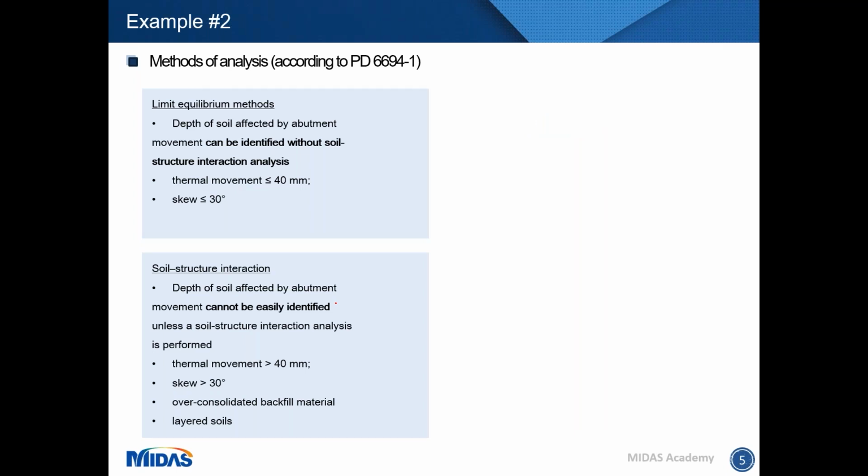The first one is the limit equilibrium method, and that can be applicable when we can identify, without doing any solid structure interaction, which is going to be the movement affecting the soil. And if we cannot identify this movement, or the thermal movement is quite significant, more than 40 millimeters, or it is a skew bridge, or similar situations, then we need to run a solid structure interaction.